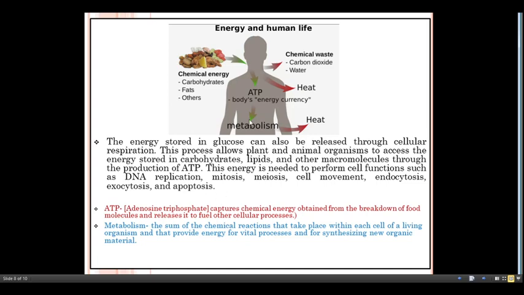In this way, the temperature is automatically maintained or balanced by our body. So our body is the best example of thermodynamics.